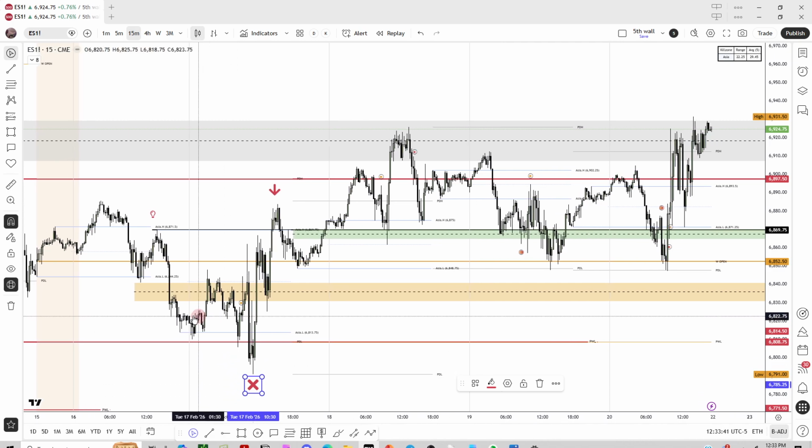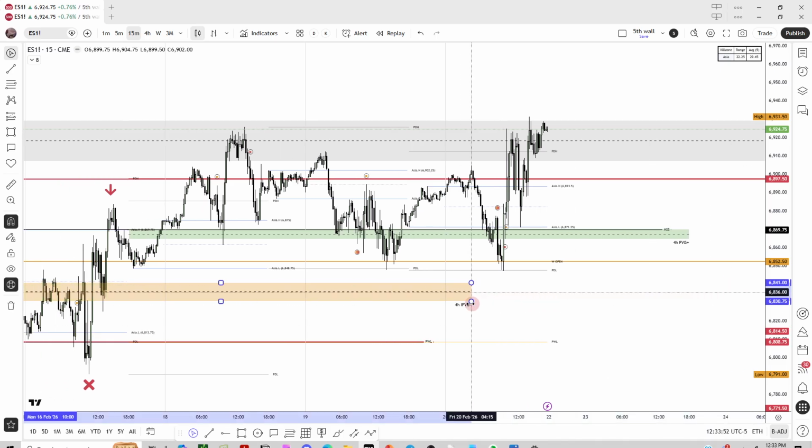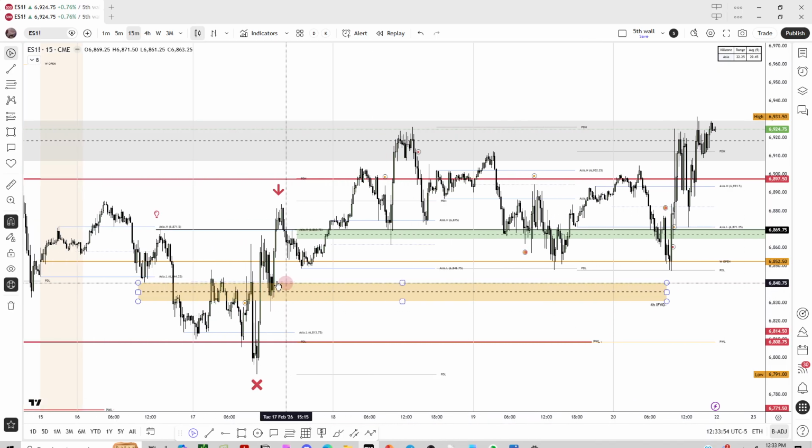So this ran here, quick stop run, pull back inside of this 4 hour reverted fair value gap. Pull back inside.